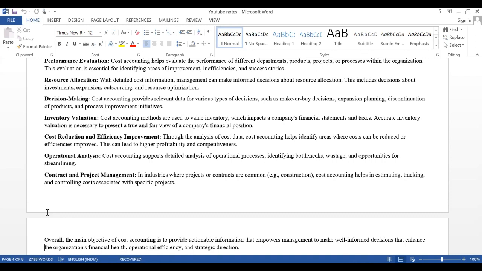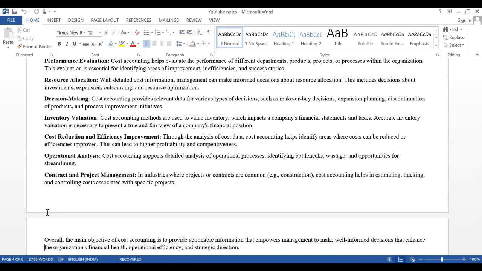Those things you can easily evaluate and act on through cost accounting. And last is contract and project management. In industries where projects and contracts are common, cost accounting helps in estimating, tracking, and controlling when possible, when you're evaluating the performance against the standard, where standard is nothing but the budgeted against the actual performance.